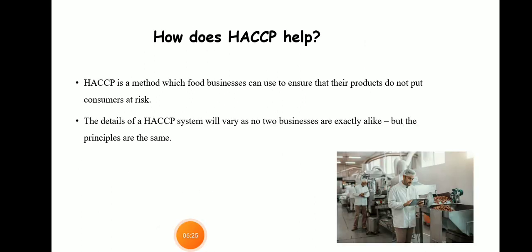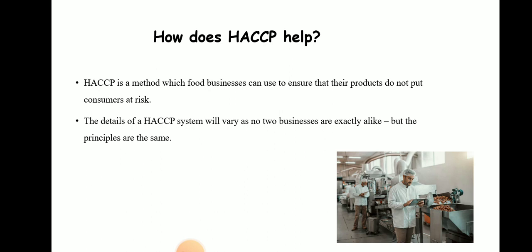Now, how does HACCP help? HACCP is a method which food businesses can use to ensure that their products do not put consumers at risk. The risks are in terms of hazards, which we will see. It can be a physical hazard, a chemical hazard, or a microbiological hazard. The details of a HACCP system will vary as no two businesses are exactly alike, but the principles are the same, because each manufacturing unit has its own set of steps for producing a particular product.